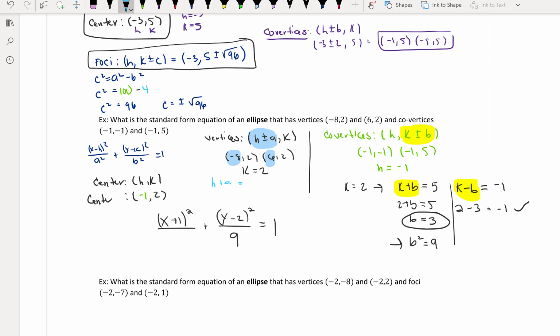If I have plus a, then it's going to equal my positive 6. And I already know my h value to be a negative 1. So now I know that a is equal to a positive 7. So if I square 7, that's going to give me 49. So now I know that I have x plus 1 squared over 49 plus y minus 2 squared over 9 is equal to 1.